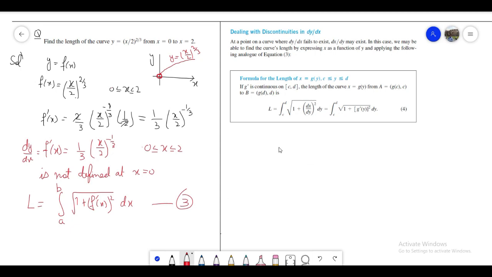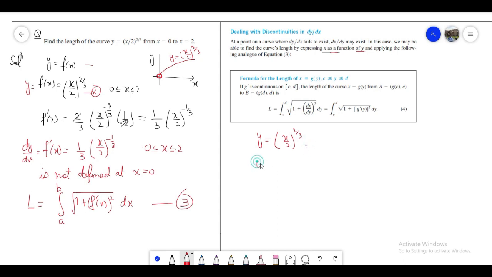Now we have the function at the start. Let me call this equation star, of course y is equal to f of x. So y is equal to (x/2) to the 2/3. Now in this definition, it is saying to express x as a function of y, so we will solve this equation for x.